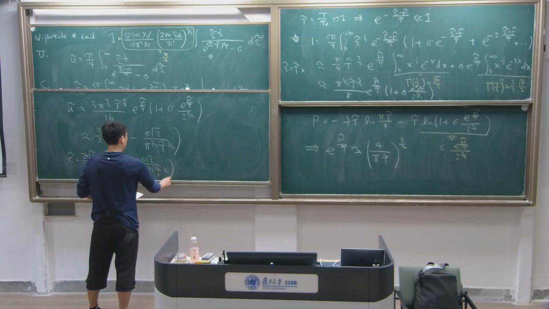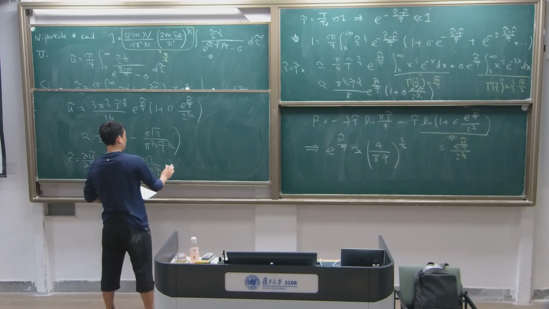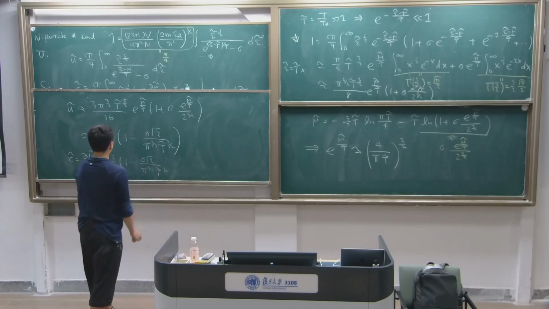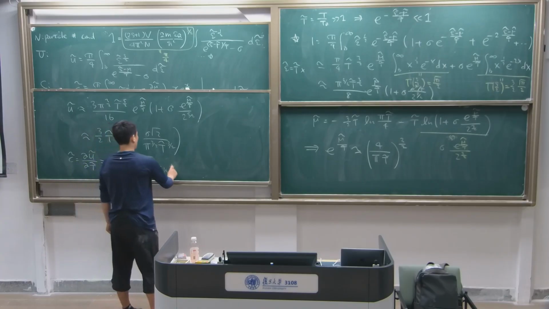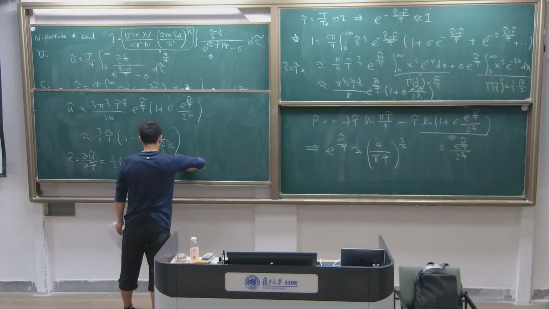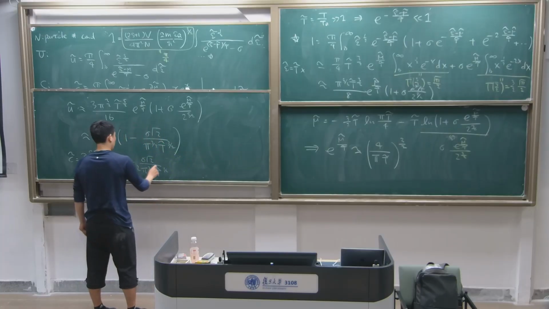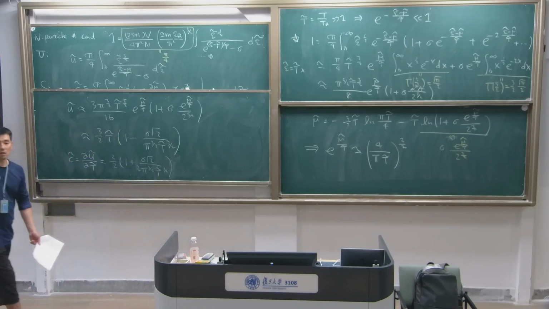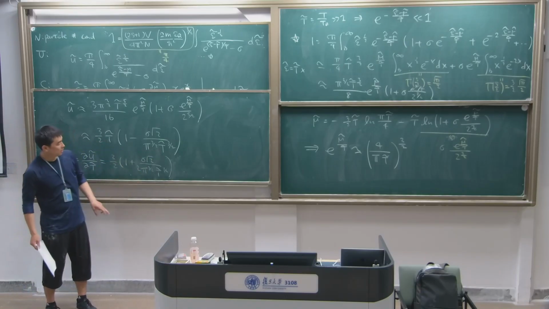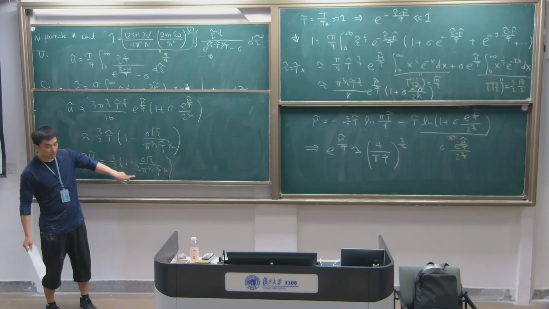And then if you divide by this, you have a 3/2 exactly the same. So the derivative with respect to T and the derivative with respect to P combine, and you get this.